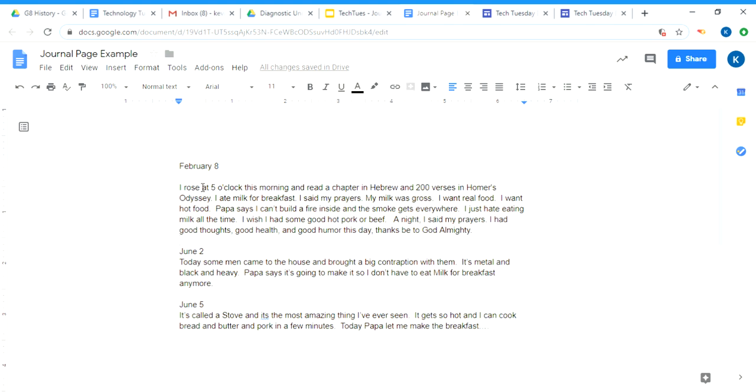Now you see in my journal, I'm choosing to do separate days. February 8th, I give myself a little entry. And here I'm identifying the problem that I don't have hot breakfast in my house. Then you see I have June 2nd. Now some men have come to the house and they've installed this stove.